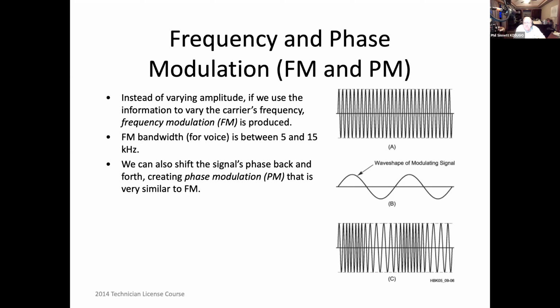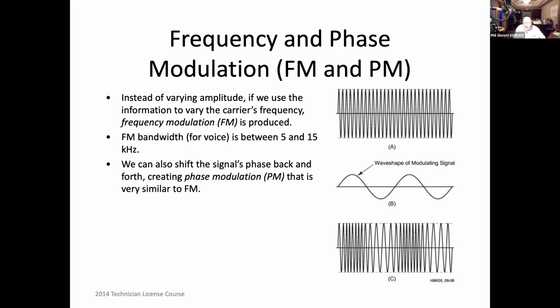Think about modulation in terms of what the modulating signal does. In AM modulation, the modulating signal amplitude changes the amplitude of the carrier, therefore AM. In FM, the amplitude of the modulation changes the frequency of the carrier, therefore FM.